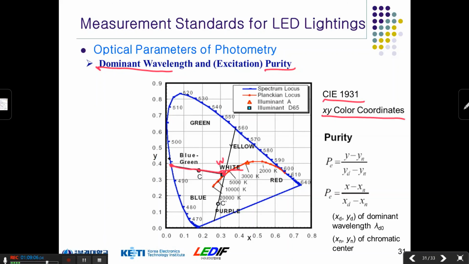The wavelength of the crossed point on the envelope here is the dominant wavelength. Color purity can be determined by these formulas, with the xy values of neutral white, xN, yN here, and dominant wavelength coordinates xD and yD here, and x and y are the xy coordinates of the light source.